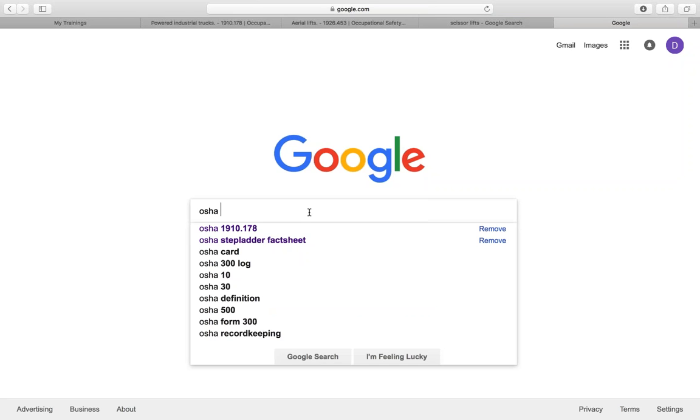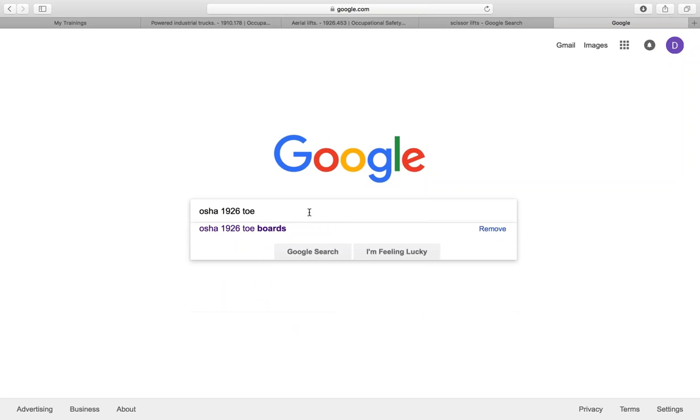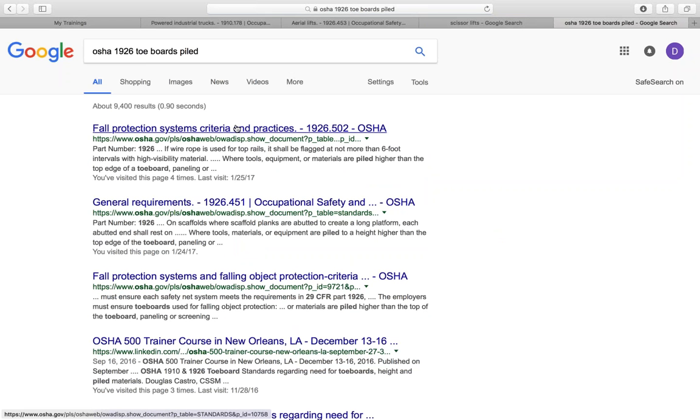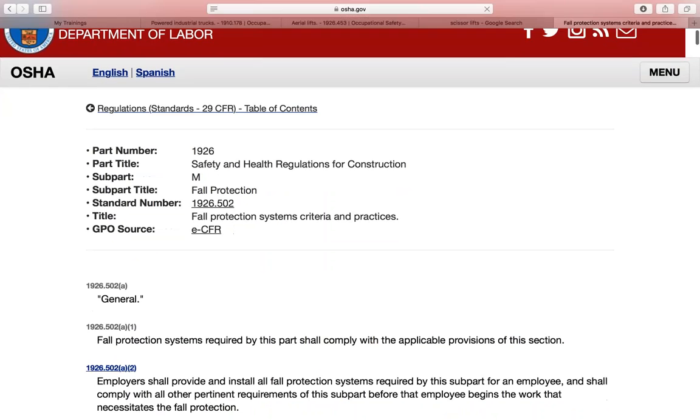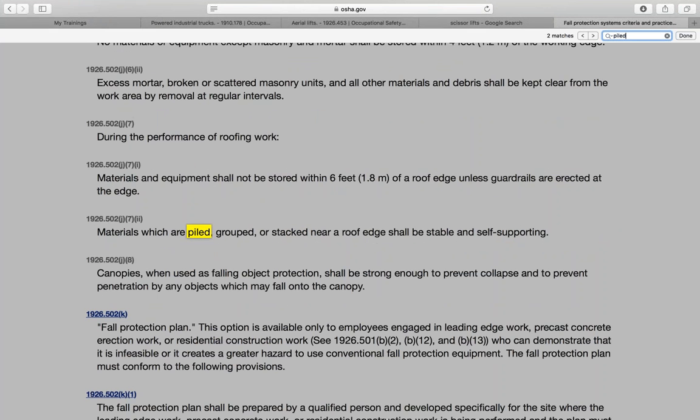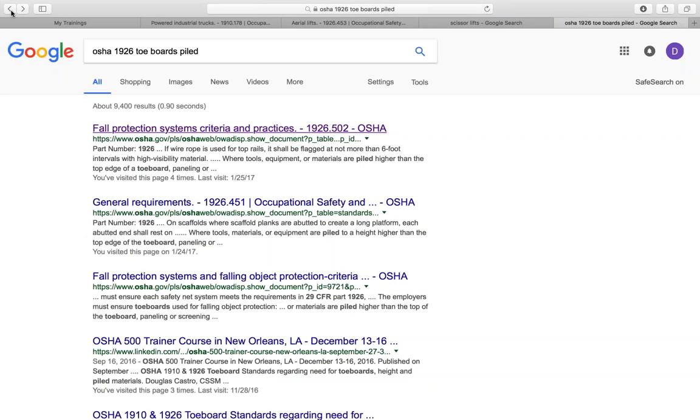Okay, so I'm doing OSHA 1926 for construction, toe boards, and I'm doing the word piled for material. So when I come here now I'm word searching for the word piled because I'm used to looking for it. Let's see.